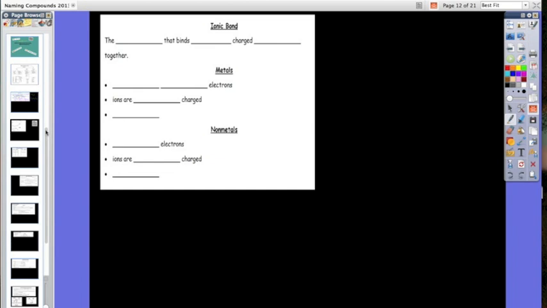Okay, so for an ionic bond, just to refresh your memory on that, this is the attraction that binds oppositely charged ions together. And for metals, they give away electrons, and they are positively charged. Let's just put a plus.